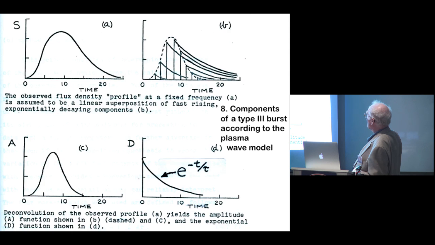And the B part shows that as a superposition of decaying plasma waves, which are initiated at various times due to velocity dispersion in the exciter stream. And the C part just shows the excitation of the burst, which reflects the velocity distribution of the exciter electrons.